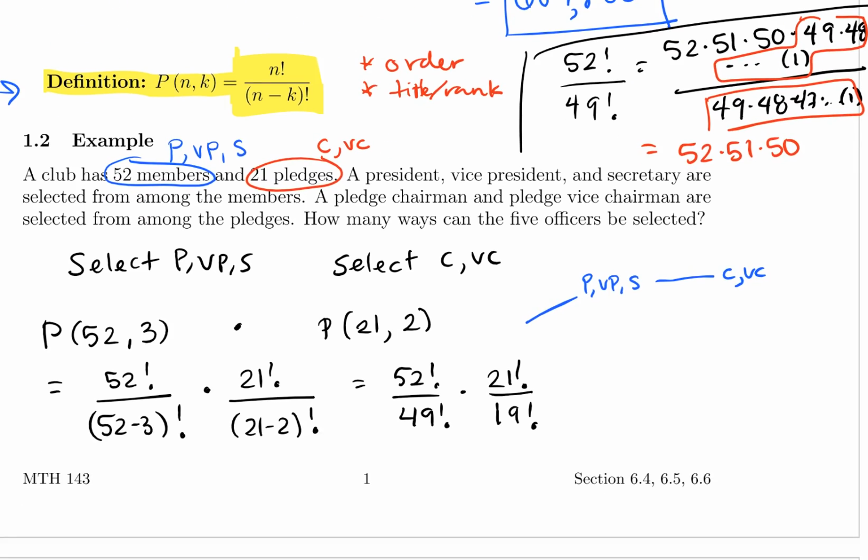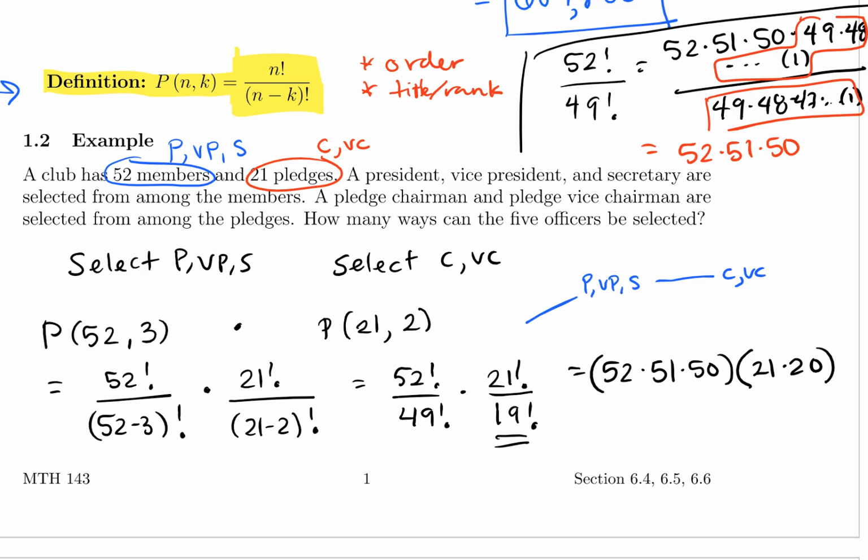So let's come back to the problem we were working on. 52 factorial over 49 factorial will simplify to be 52 times 51 times 50. And similarly, 21 factorial over 19 factorial will simplify to 21 times 20. We don't hit 19 because the 19 gets divided out by the 19 factorial, and everything after 19 is also divided out.